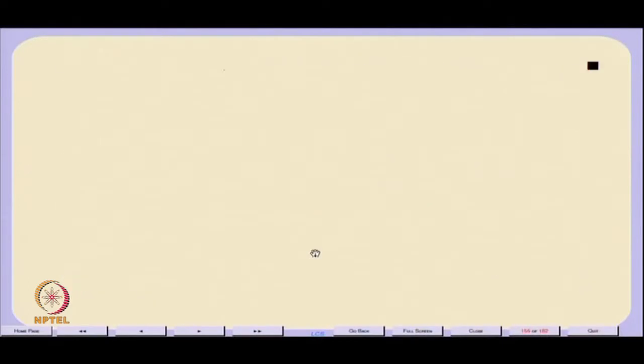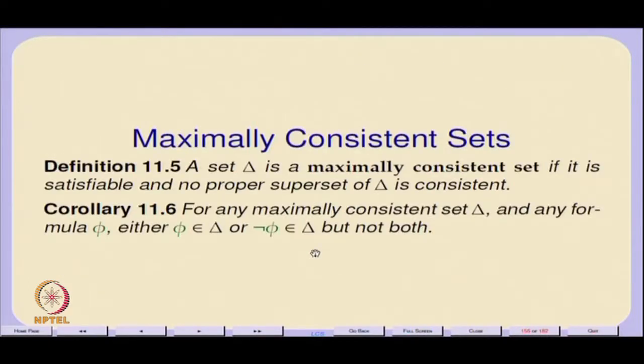Okay, so that is what we did, and what Tukey's lemma essentially says is that, since consistency is a property of finite character, any consistent set gamma can be extended to a maximally consistent set delta, such that gamma is a subset of delta.